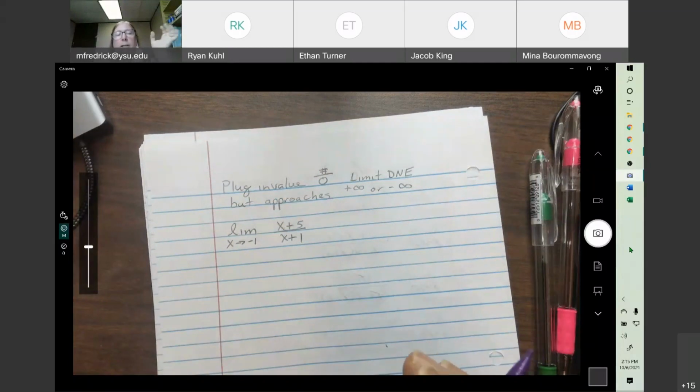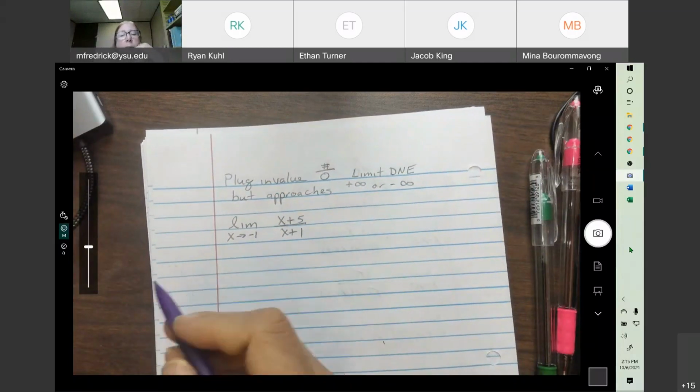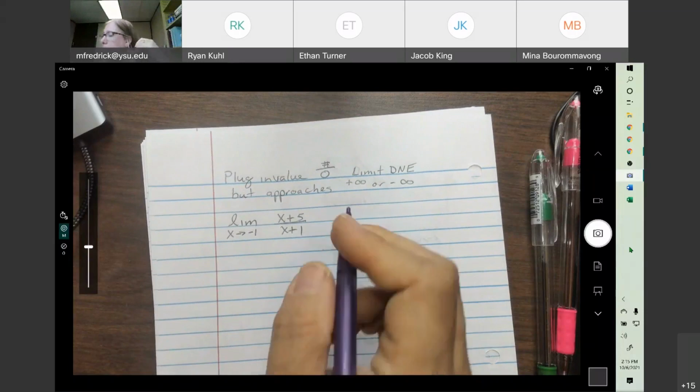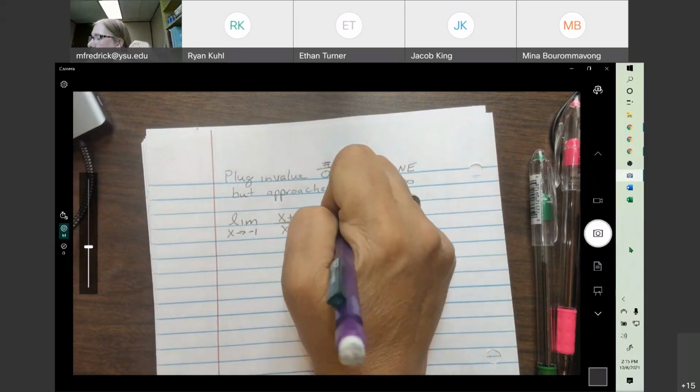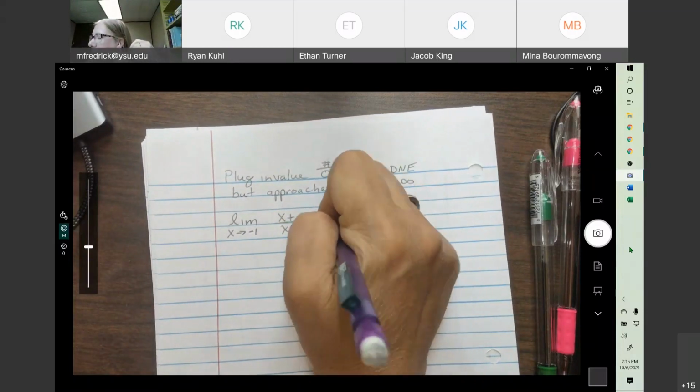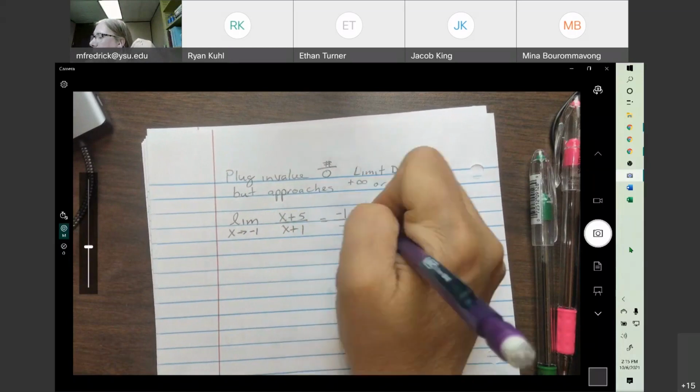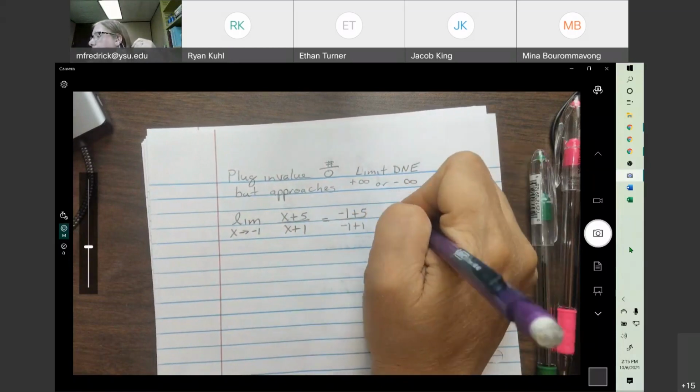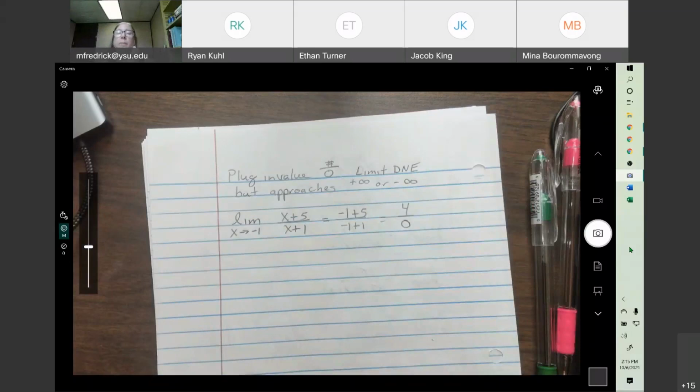So anytime you get a limit where it's going to a number, plug it in and see what happens. -1 plus 5, -1 plus 1. Well, we're getting a 4 on top, but a 0 on the bottom. The smaller and smaller your denominator gets, the larger the value gets.